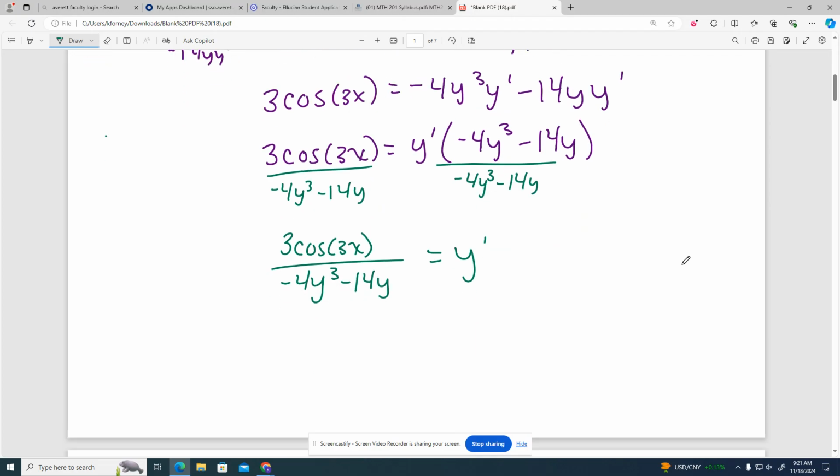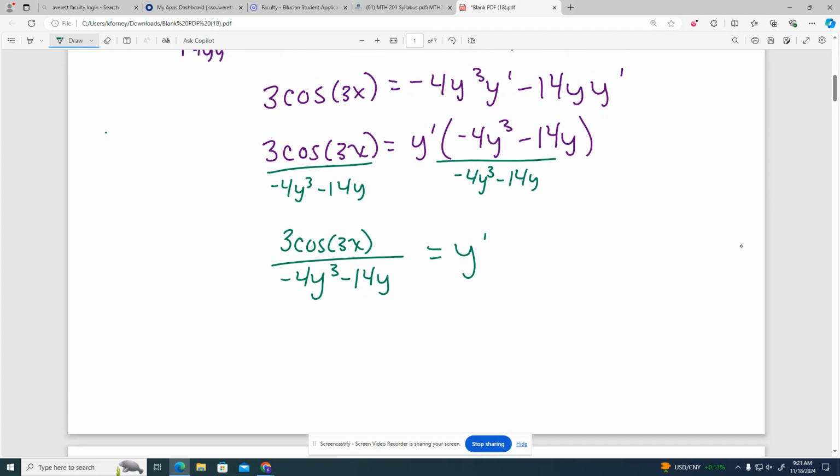Now, this is perfectly fine. I do want to show you, if you want to reduce the number of negatives you have, you could just change all of the signs and have a negative 3 cosine 3x. Then your denominator would be 4y cubed plus 14y.